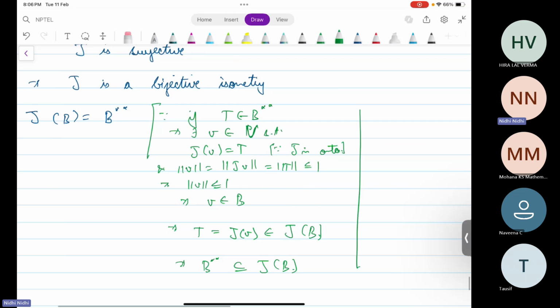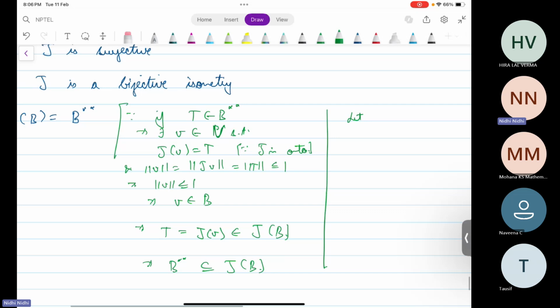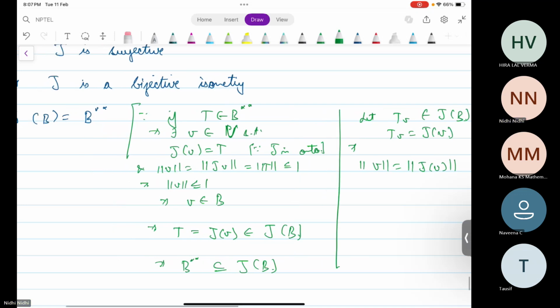Similarly, on the other side, if I start with some element in JB, suppose Tv belongs to JB, in that case, this Tv is basically Jv. We need to show that for T in JB, it should be in B star star.